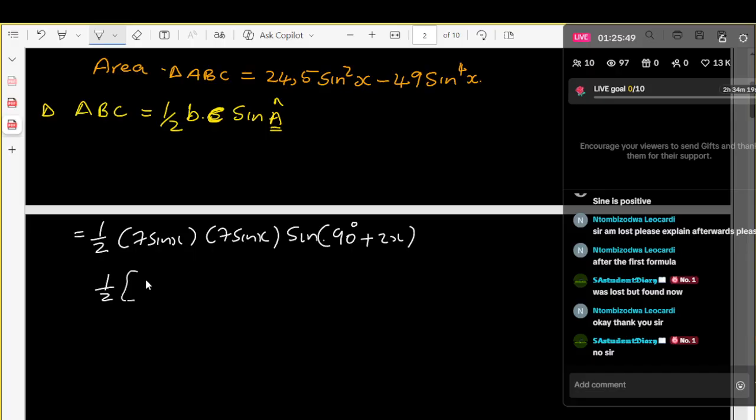So this multiplied by that is just 24.5 sine squared x. Therefore 24.5 multiplied by 2 will give us negative 49 again, and we have sine squared times sine squared. The bases are the same, so we add the exponents, which will give us sine to the power 4x. This was easy, wasn't it? This was easy.